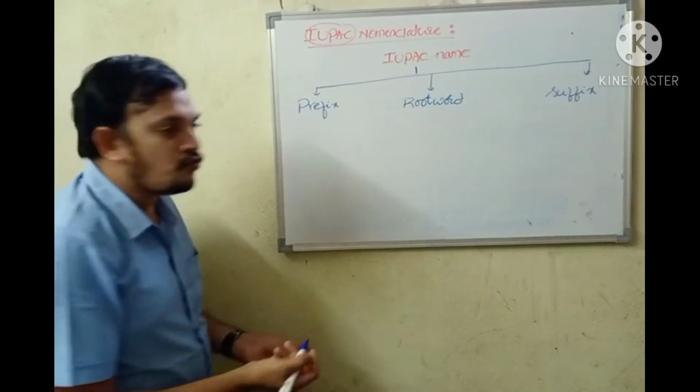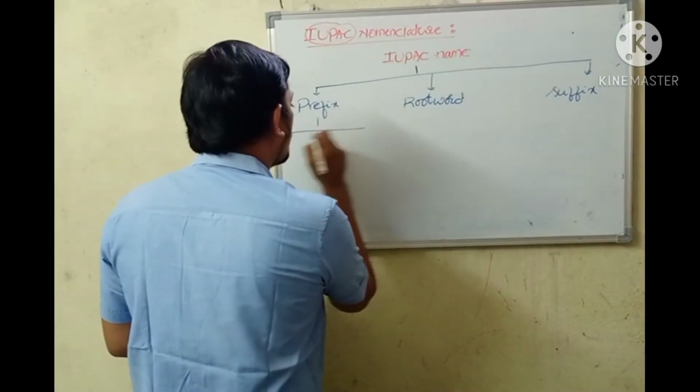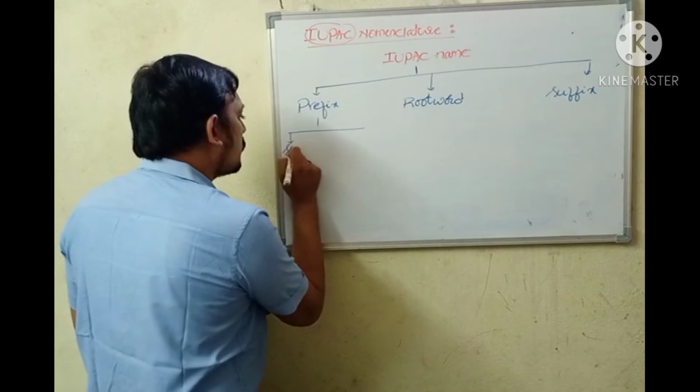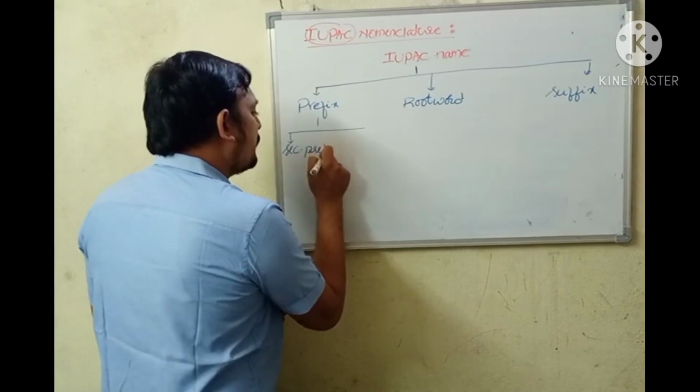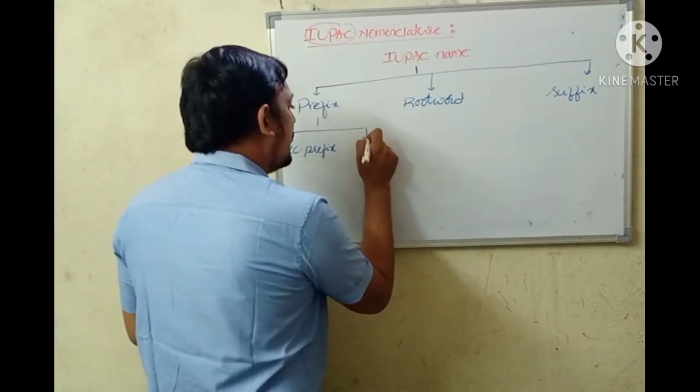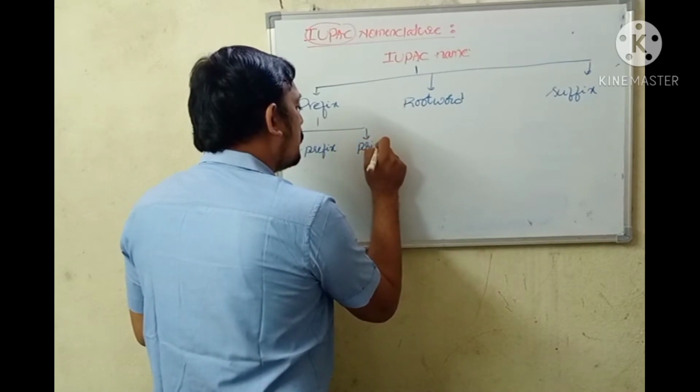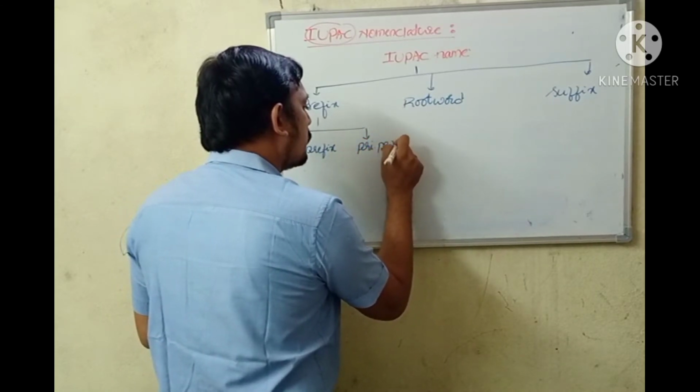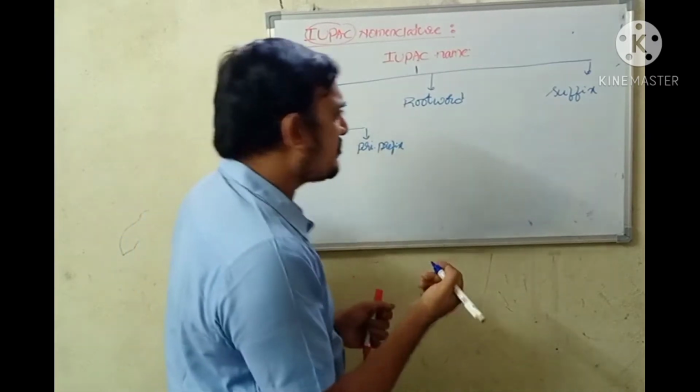Prefixes again have two parts. They are secondary prefix and primary prefix. Root word does not have any parts in it.